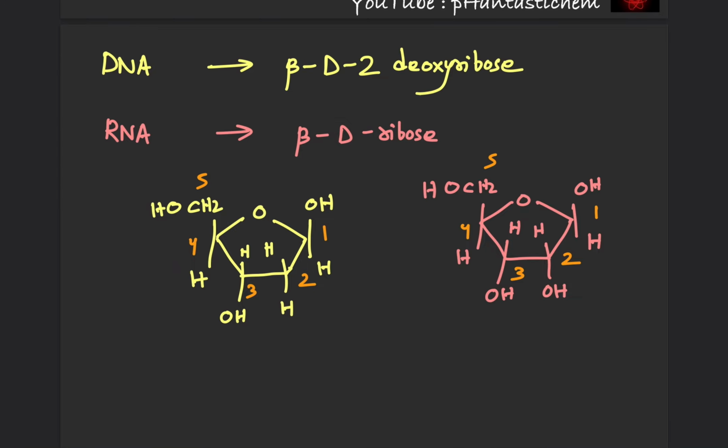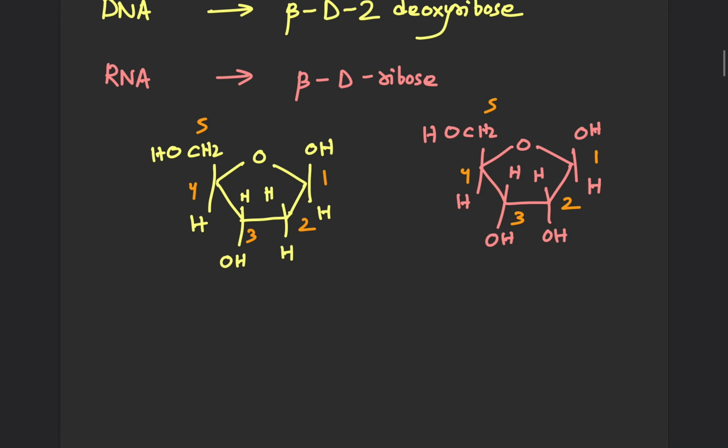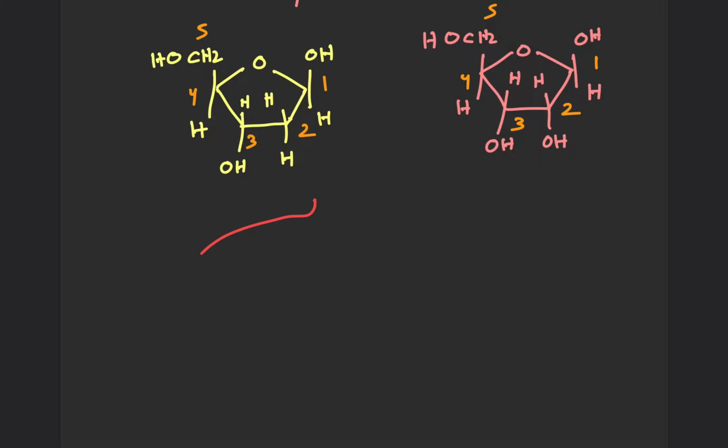Then let's talk about the bases. Okay, there are two different classes of heterocyclic nitrogenous base which have been found in nucleic acids. One such class is known as purines, and the other class is known as pyrimidines.